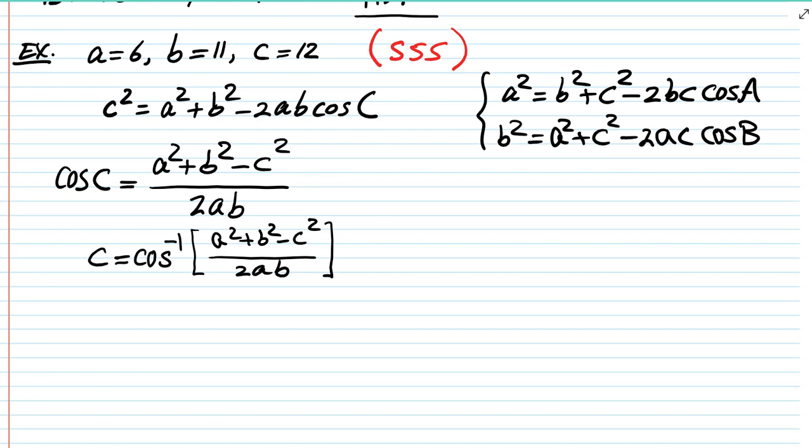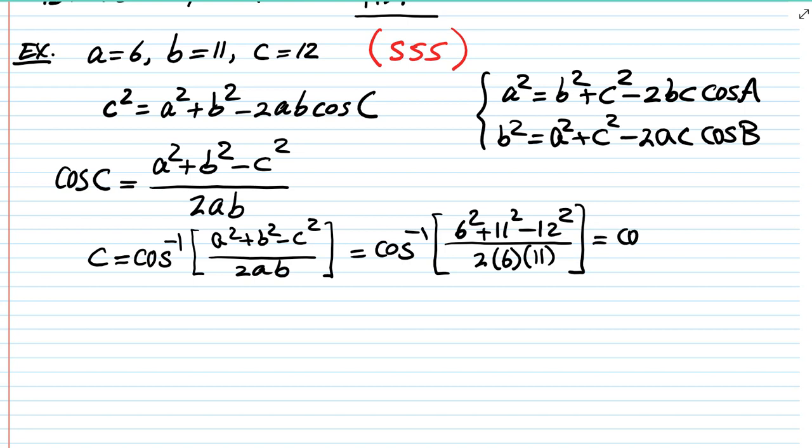All right, and let's do it now. So the whole thing in one pass in my calculator will work this way: 6 squared plus 11 squared minus 12 squared, divided by 2 times 6 times 11.